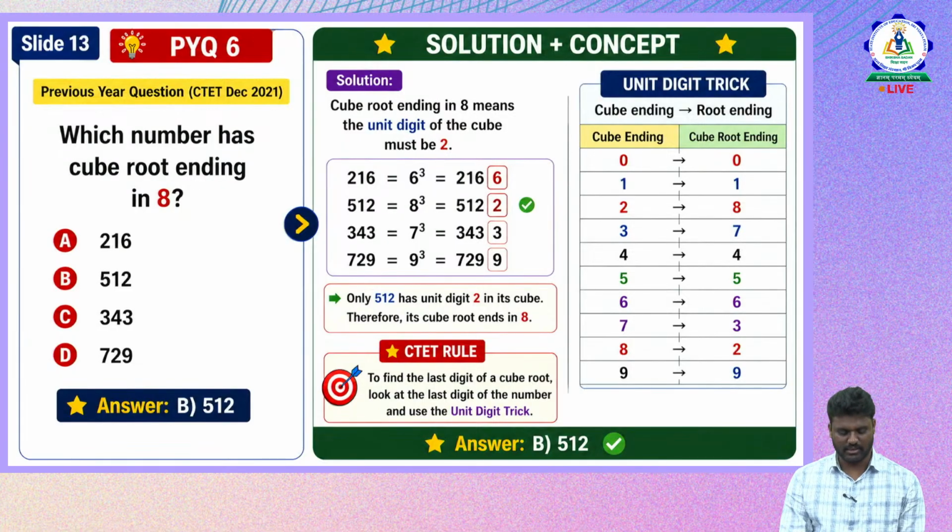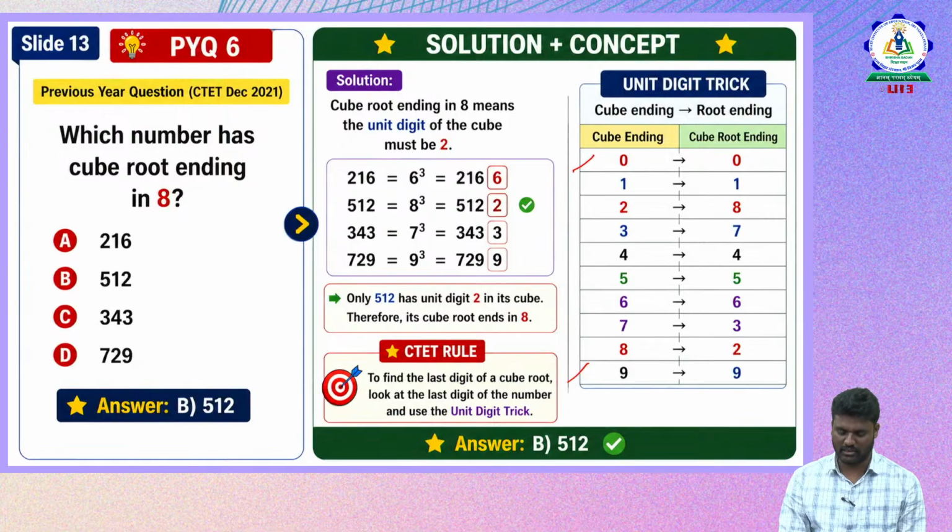Now for this, what we have to do is remember the unit digit trick. You don't need to remember all the cube roots. If you remember the basics from 0 to 9, directly without solving we can answer this question.